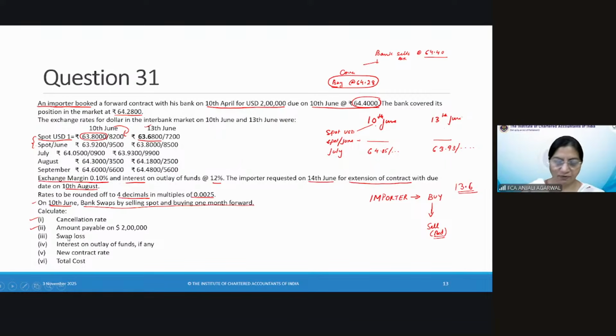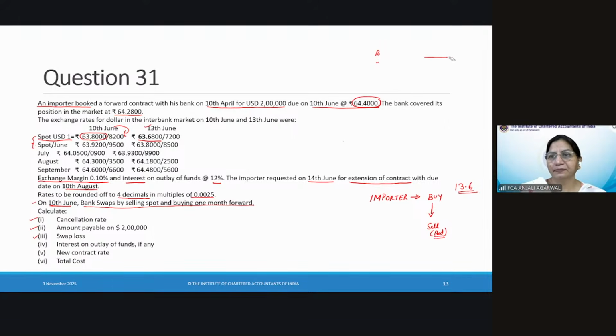Let's now talk about swap loss. Now, what is happening here in swap loss? First, let me explain it to you. Swap loss. So what has bank done?